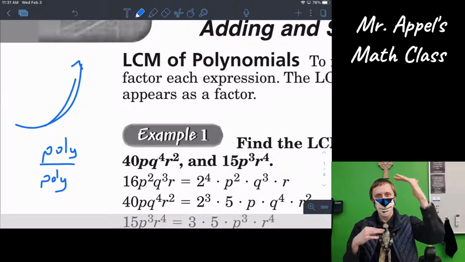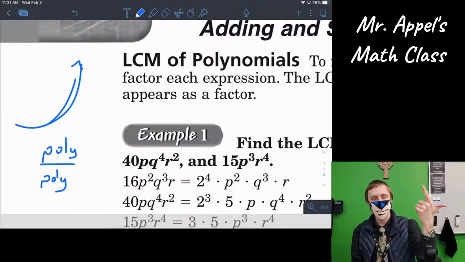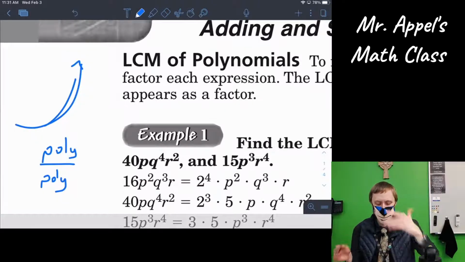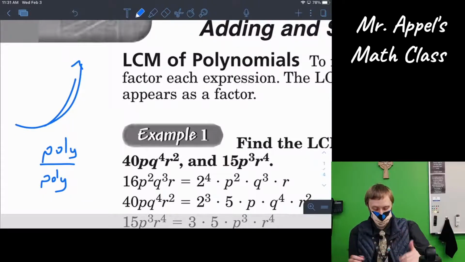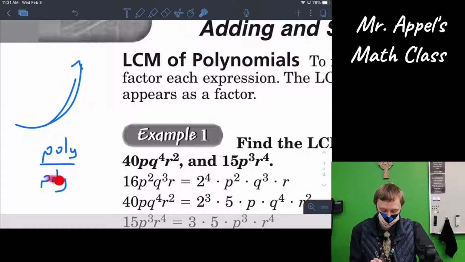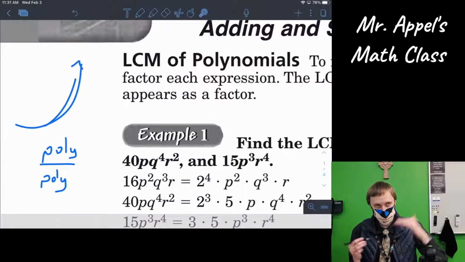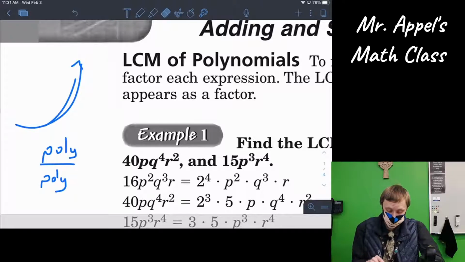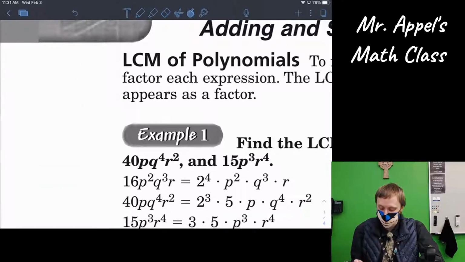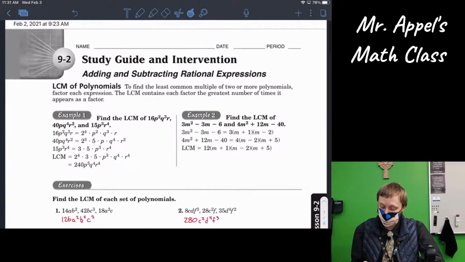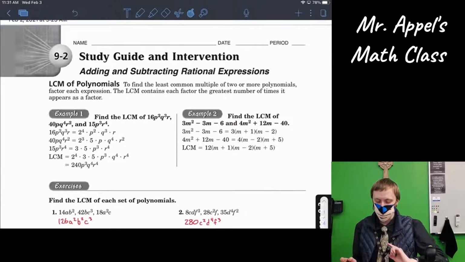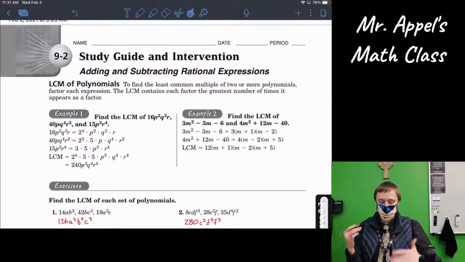Who wins? Do I take off to infinity? Do I stagnate at zero? Does the bottom one win? Actually, if the bottom one wins, this would take it to zero. Does it stagnate and flat line at y equals 2 or something? I don't know. It's a comparison between the polynomials. So if you want to see which polynomial wins, that's what we're going to plot. Next week, we will get to the actual graphs. Today, we need to practice.